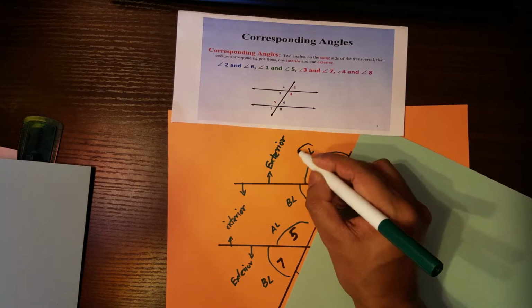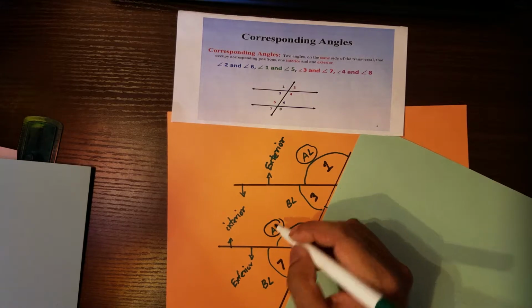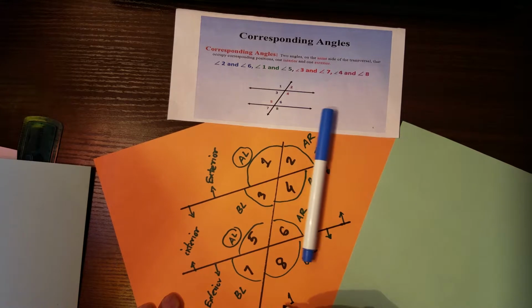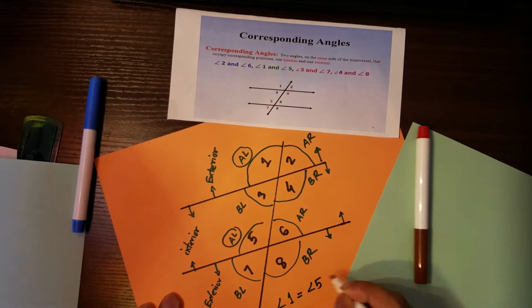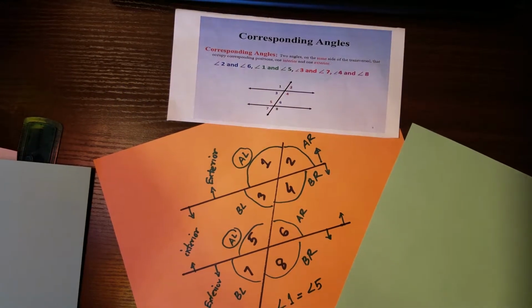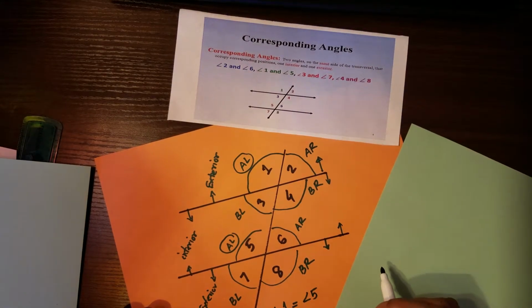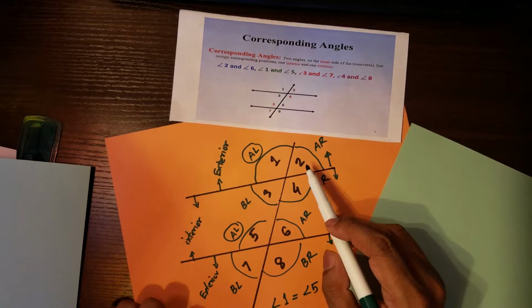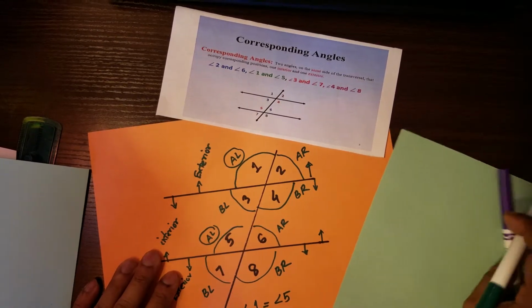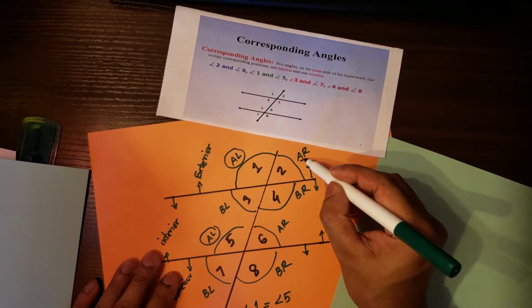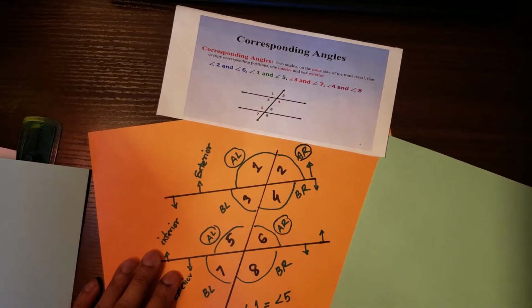This is AL, this is also AL, they are equal. So we can write angle 1 is equal to angle 5. Also we have angles 2 and 6. Angle 2 is exterior, 6 is interior, and both are AR. So 2 and 6 are also equal. Remember, they are corresponding angles.